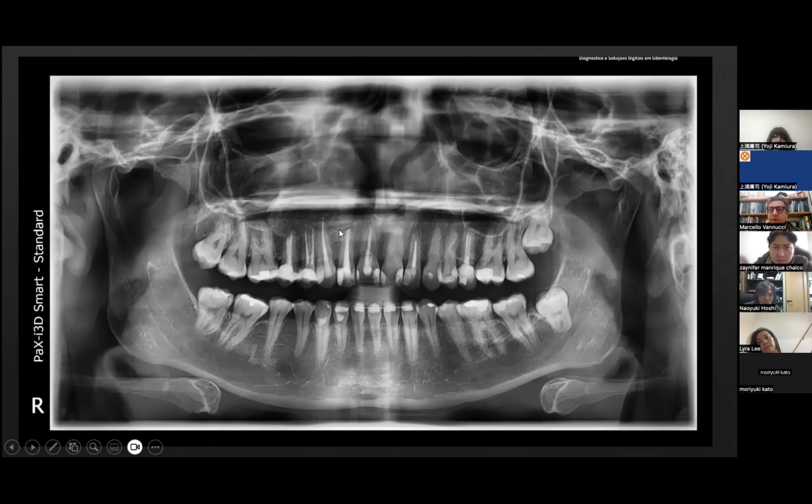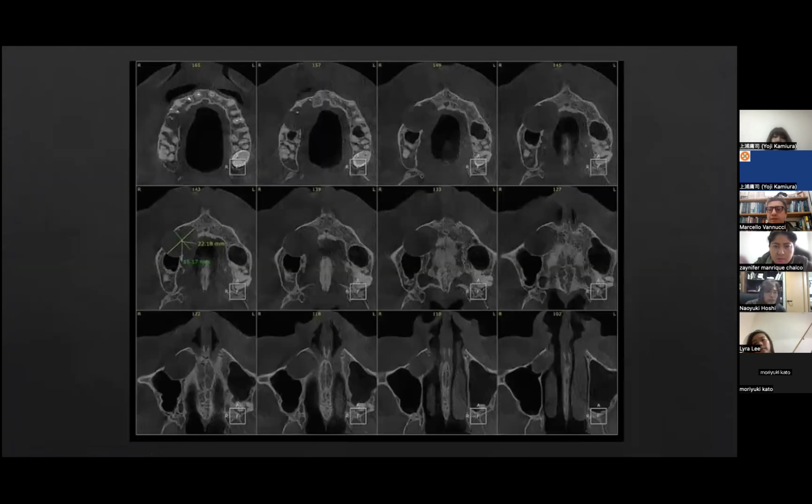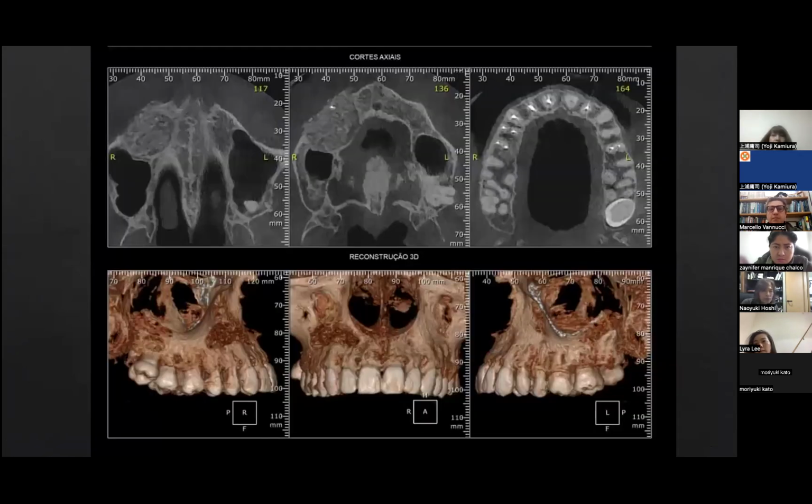So I asked the patient to do a tomography. So this is the first. Remember, this is the first. And now it's the control.